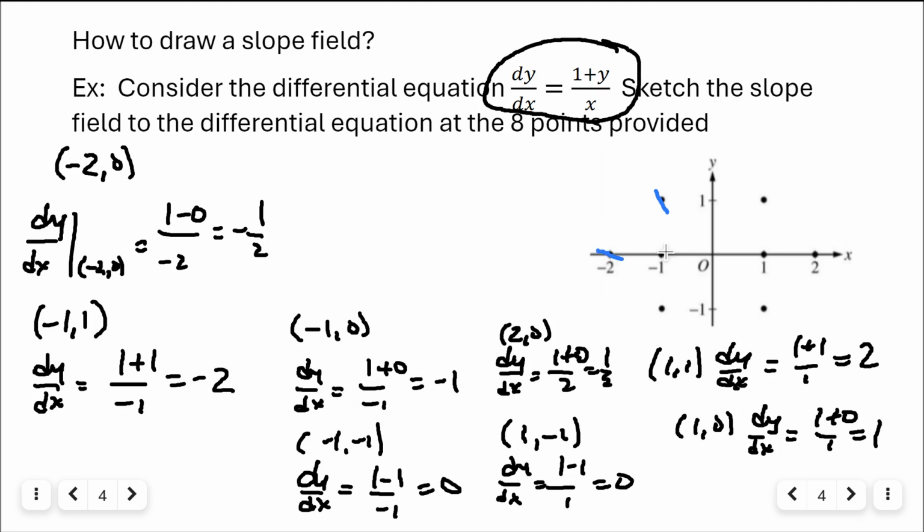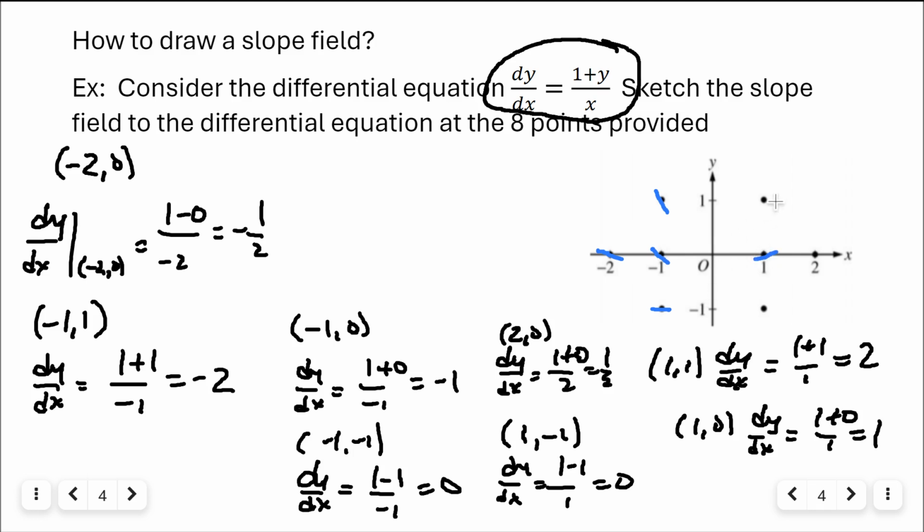At (-1, 0), it's negative 1. So that's somewhere in the middle, as best we can. At (-1, -1) it is 0, so that's just horizontal. Yep, that's the one I like. And then over here, (1, 0) is 1. So you want to try to make it match the slope as best you can, but now it's positive.